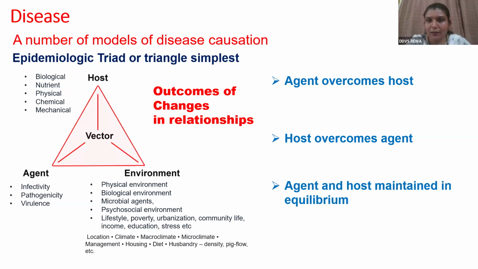When there is a domination by the agent, the disease comes into the clinical picture, the clinical form. And when in some circumstances the host overcomes the agent infection, then the disease is not present, or we can say absence of disease.